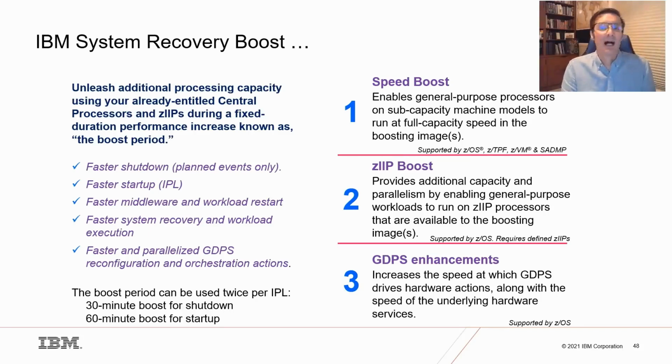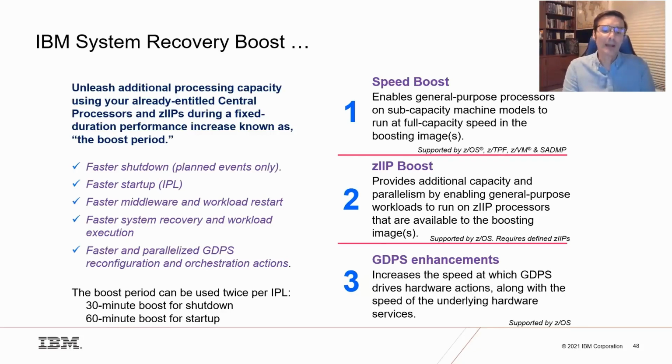This provides significantly more parallelism than you might otherwise have had if you only had your pool of general purpose processors available to your LPAR. We also provide GDPS enhancements to increase the speed at which GDPS drives hardware actions.